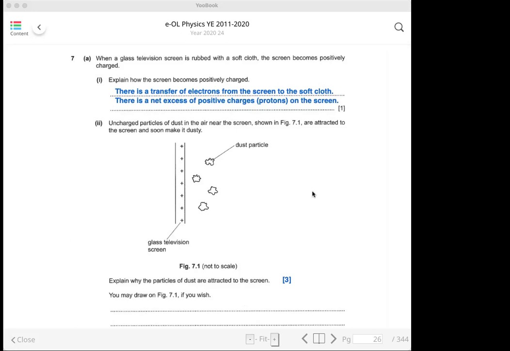Oscar, for your part 1, very well explained. I remember your exam is only 1 mark, so you must think of how to simplify the answer, but your answer will get a full 1 mark. So do part 2, everyone. Why does the dust particle get attracted to the screen?